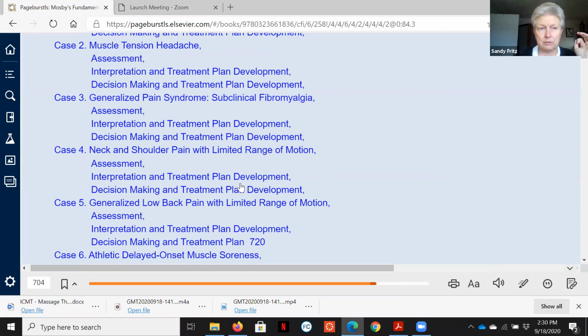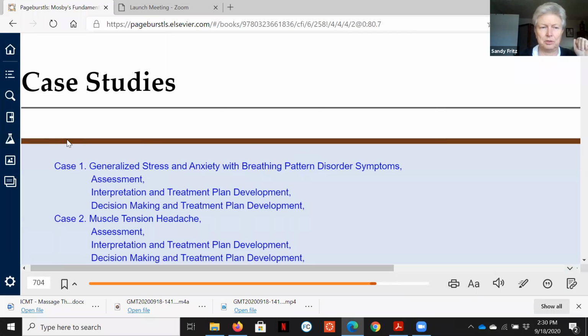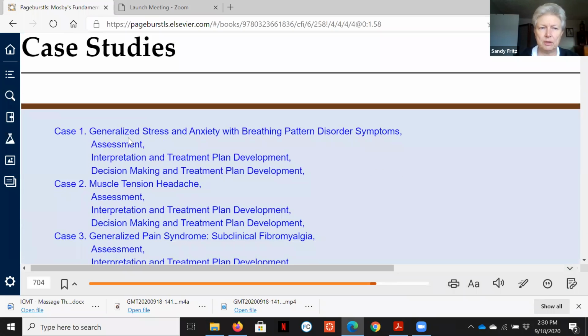Now, I'm not going to read each of these case studies to you, but if we look generally at the topics, case 1, generalized stress and anxiety and breathing pattern disorder. Almost everybody. The general concepts of massage application in this arena can fit to multiple people.